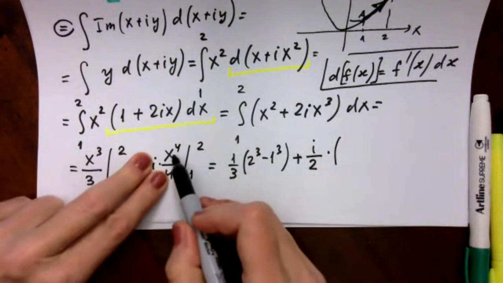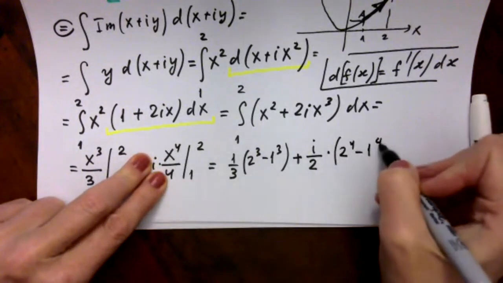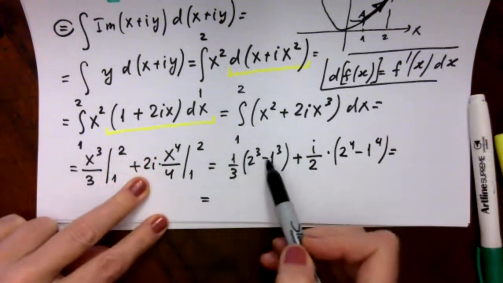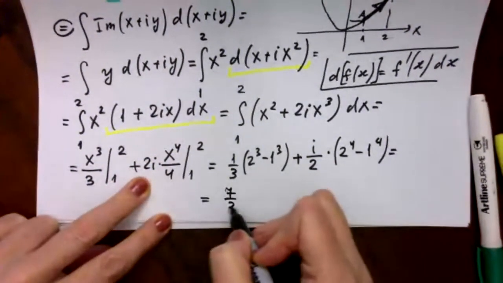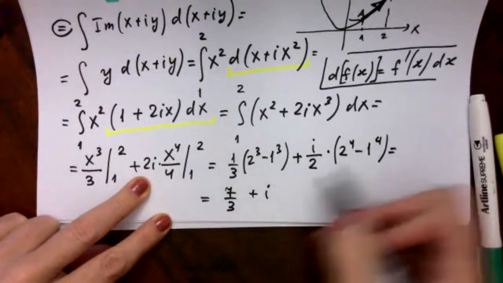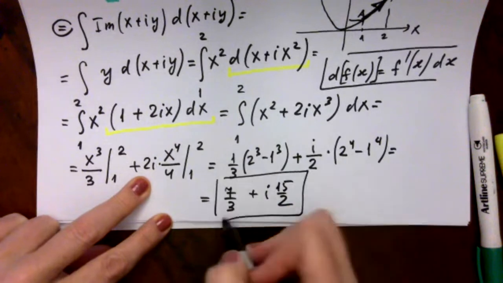And I need to worry only about x to the power 4. So 2 to the power 4 minus 1 to the power 4. That's almost it. And what do we have? 8 minus 1 will be 7 over 3. And here we have i times 15 over 2. So that's it. This is our answer to this problem.